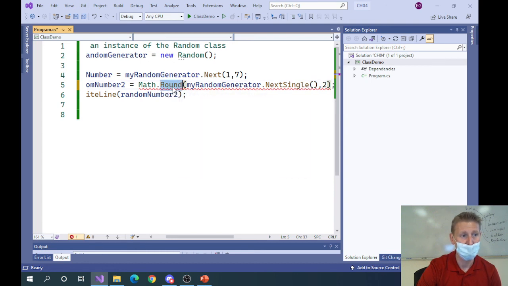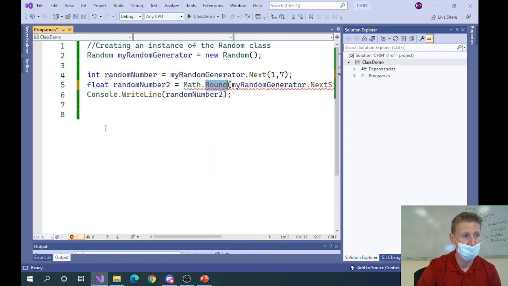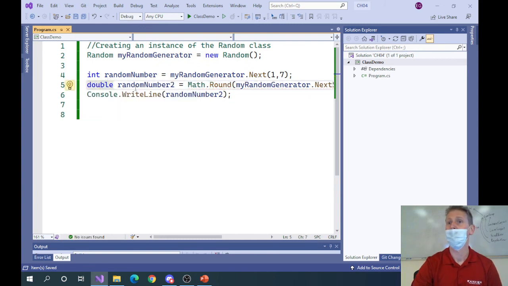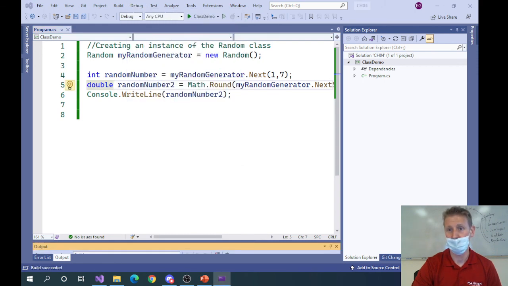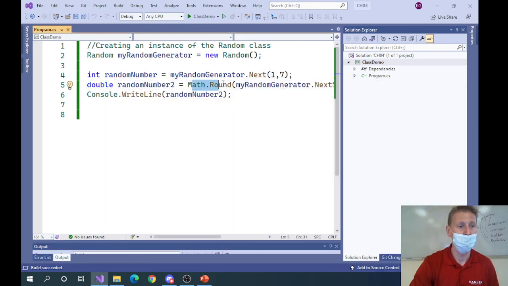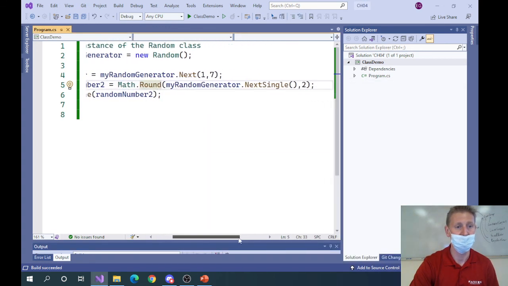Keep in mind, Math.Round returns a double. So let's go ahead and store this in a double. And that should answer your question, how to basically get 2 decimal points. All right, so using a combination of those 2 things that we learned, we're able to get a random number rounded to 2 decimal points.